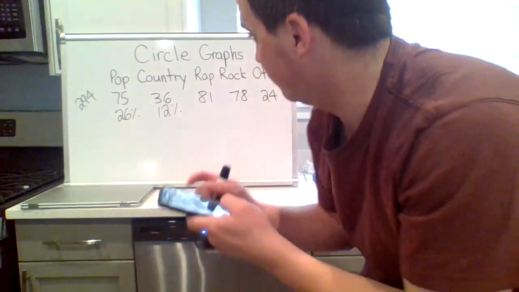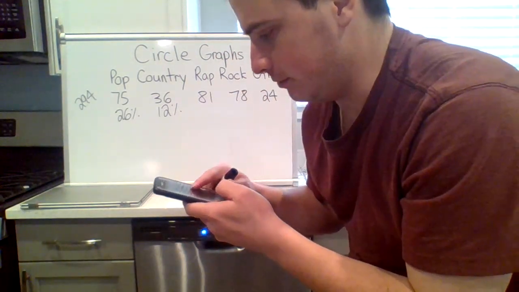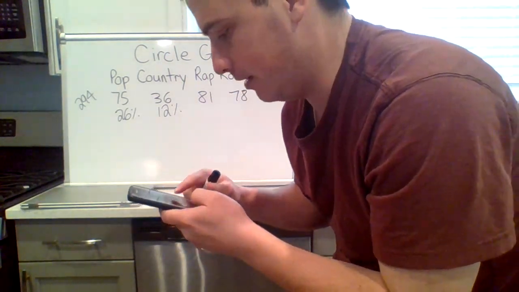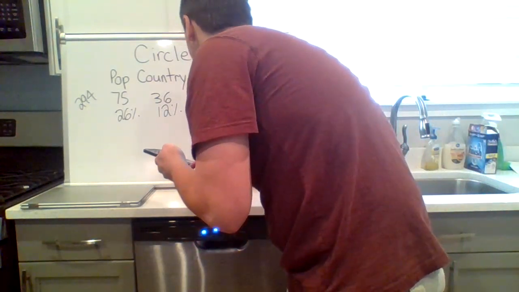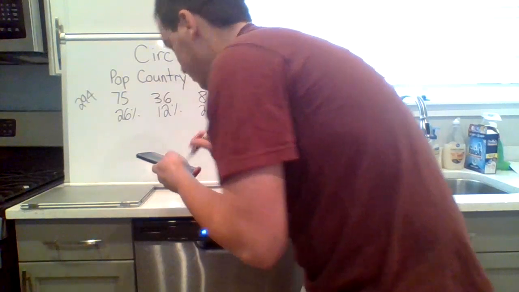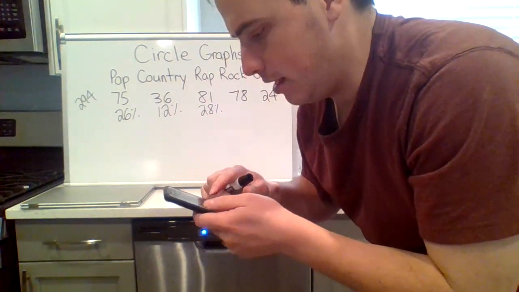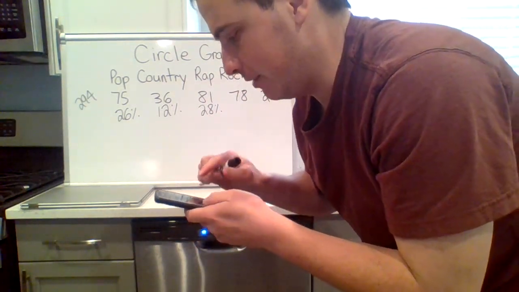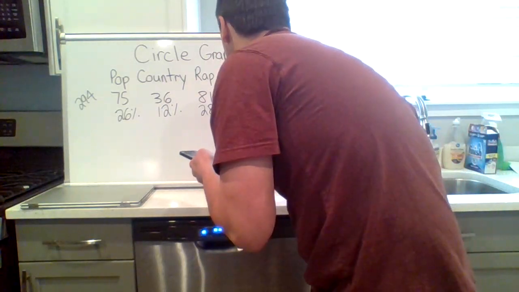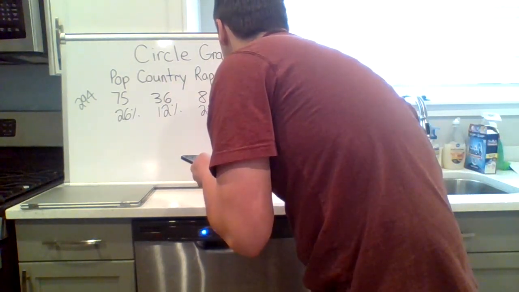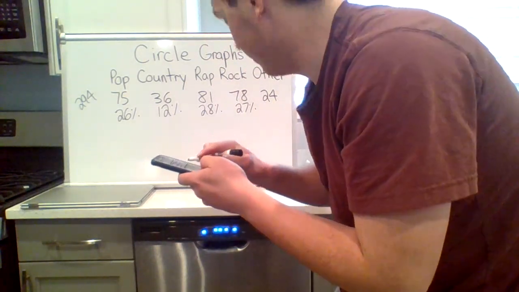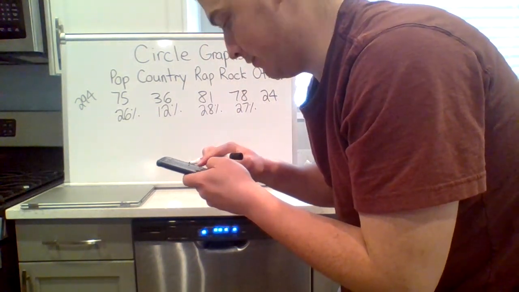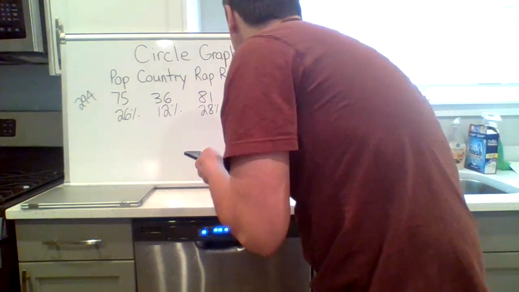For rap, you're going to do 81 divided by 294, that's about 28%. 78 divided by 294, that's about 27%. And 24 divided by 294, that's about 8%.